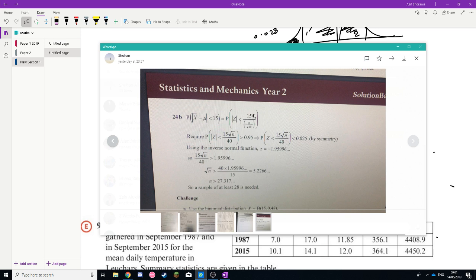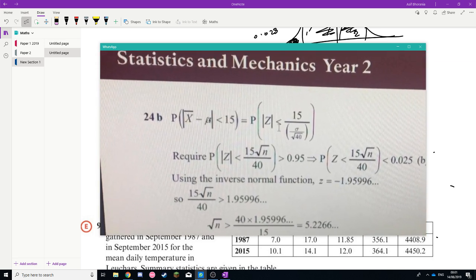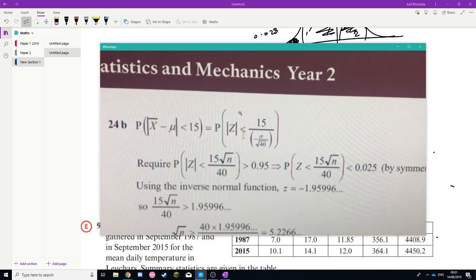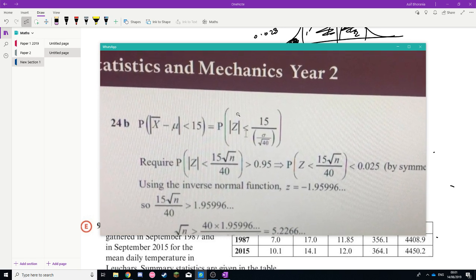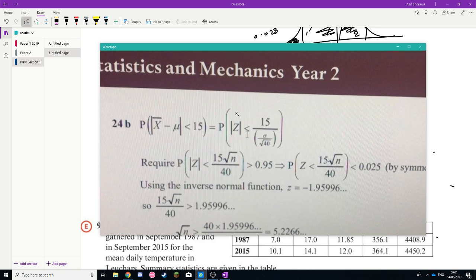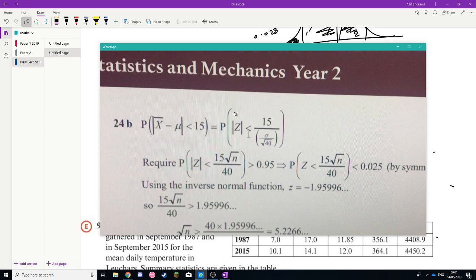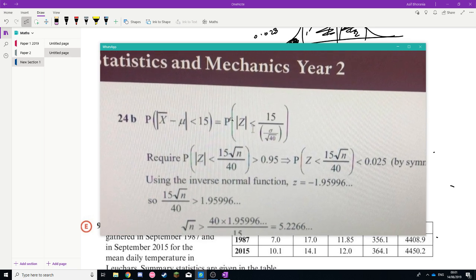Hang on a second. P of mod of x minus mu less than 15 is equal to p of mod of z being less than 15 over that. I don't get that. If you say so.